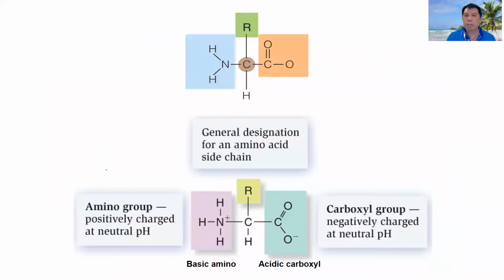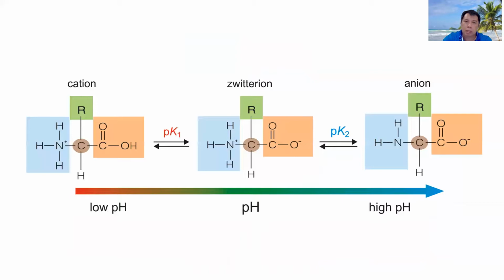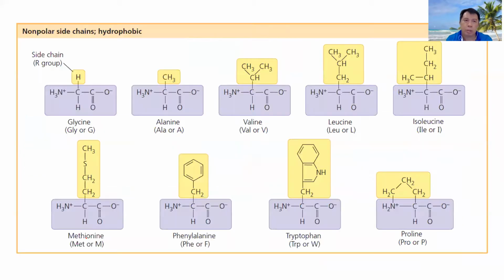Okay, so in summary, this is what we have learned in this video. I know this video is quite long, so please take time to go through and watch it carefully. This is the amino acid structure, and this is how they form zwitterions and act as pH buffers in different pH solutions.